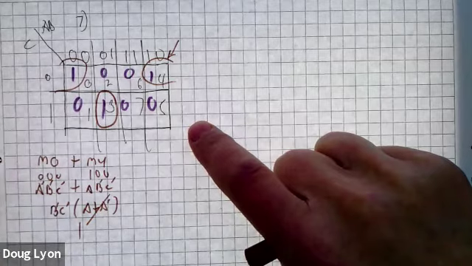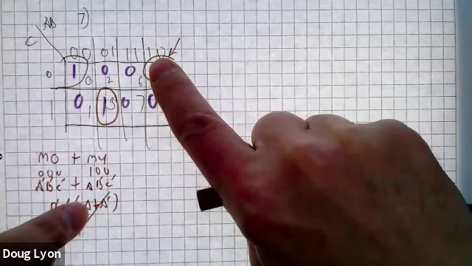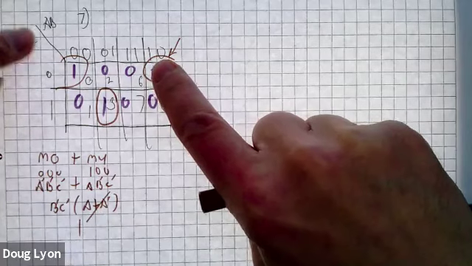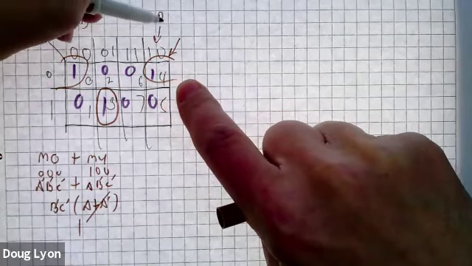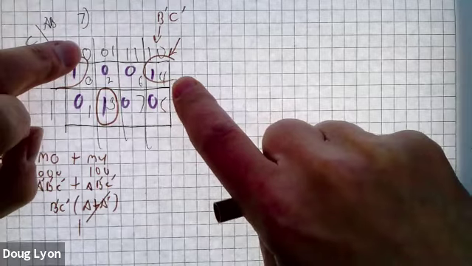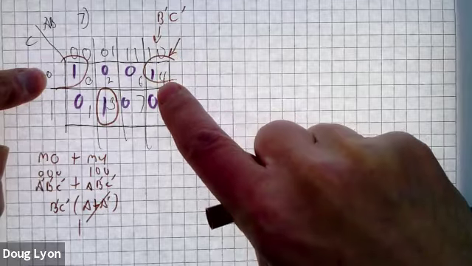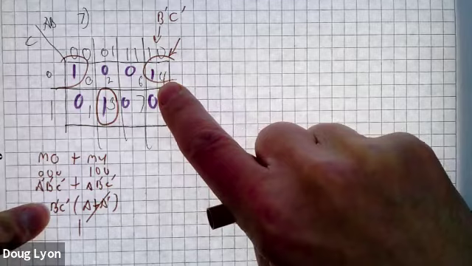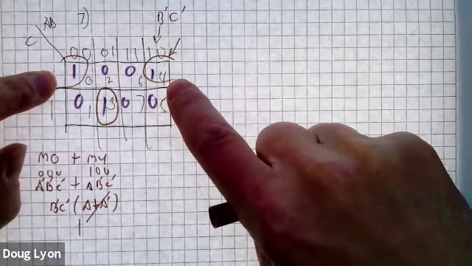This goes to 1. And so when you see that A is changing, you're factoring this out automatically. And so what you get left is B prime and C prime, because B is unchanged at 0 and C is unchanged at 0. And there it is, B prime, C prime. So that's the product term.